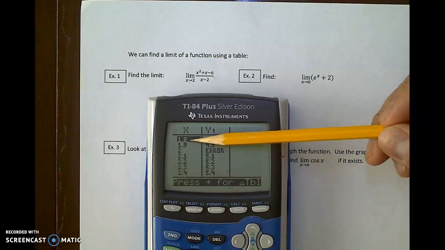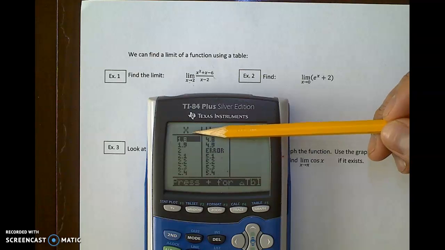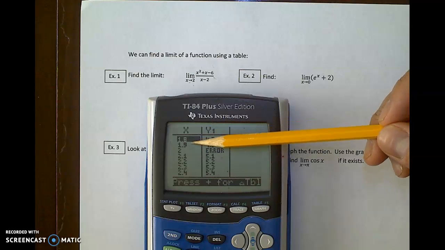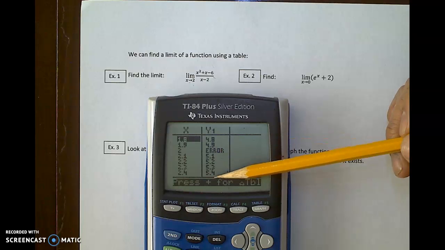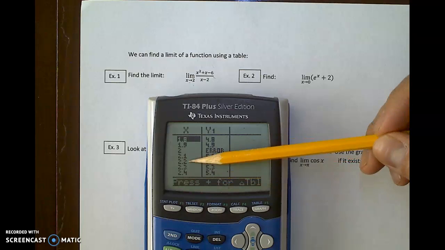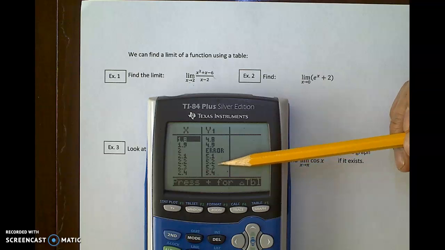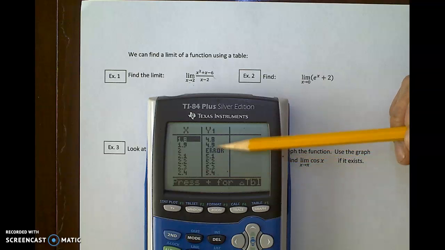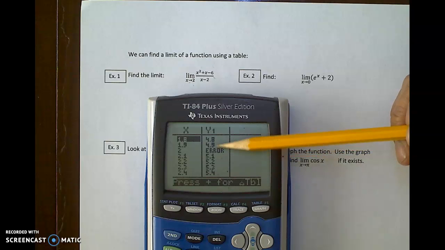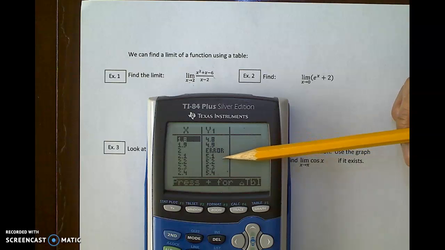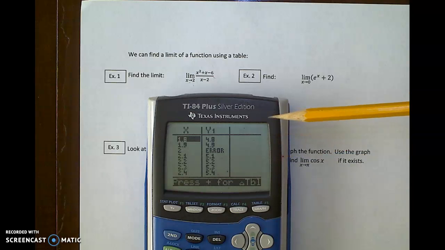But we notice that as our x values grow from some smaller value toward 2, and as our x values shrink toward 2 from the other side, our outputs from both sides of 2 look like they are approaching the value of 5.